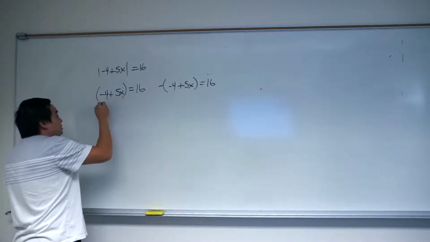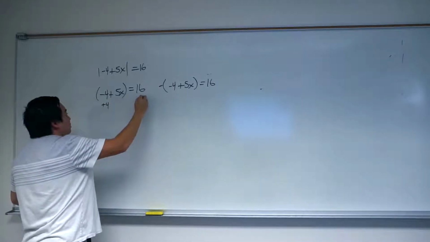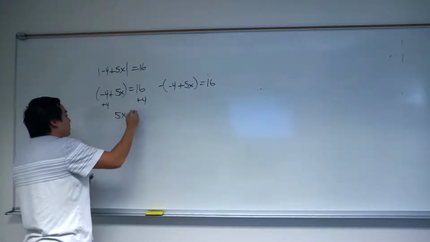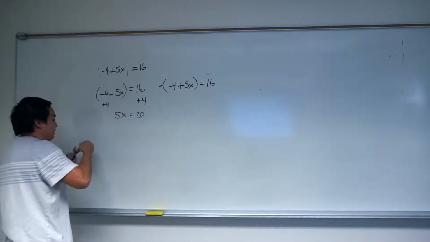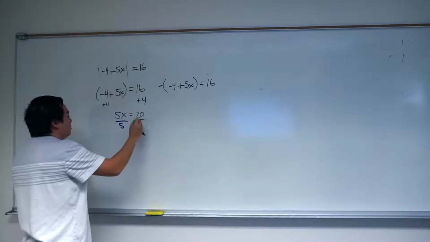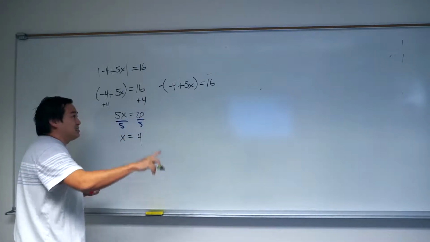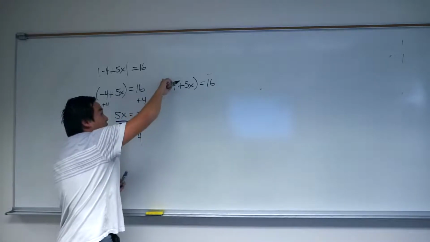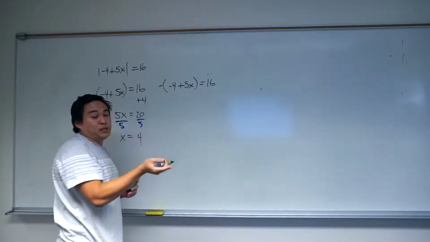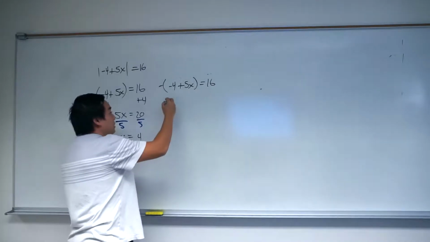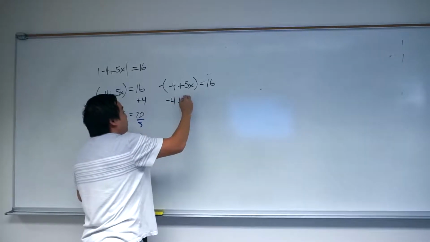So this is add 4 to both sides. So 5x is equal to 20. And then divide both sides by 5. So x is equal to 4. Similarly here, you can either distribute the negative sign or you can divide both sides by a minus 1. That is the one that I prefer to do.